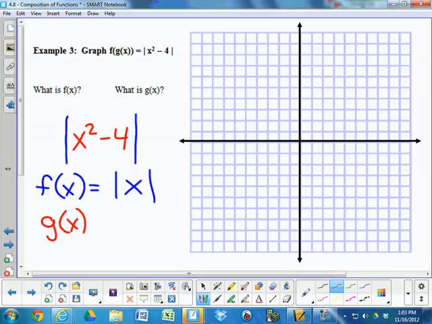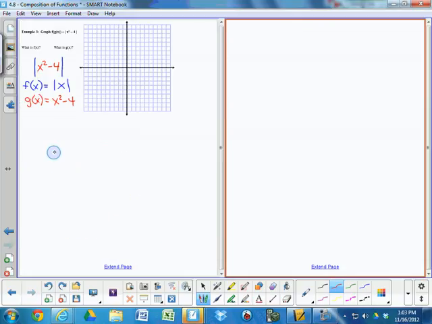So that's how we answer the first two questions here. What is f of x and what is g of x? You see that you have the red function inside the blue. So that's the M&M analogy. You would see the peanut M&M if you had something like f of g of h of x.